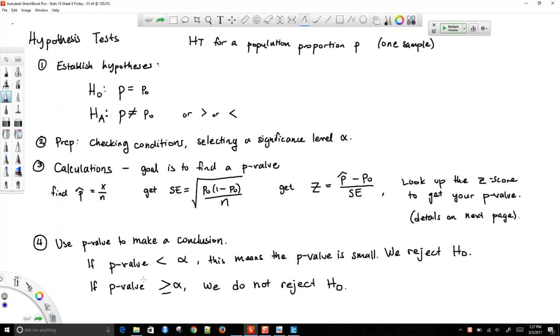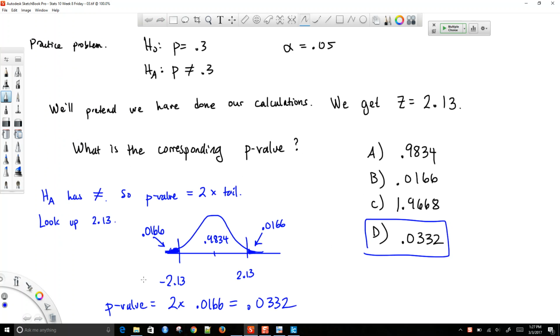In this case, if alpha is 5%, how does our p-value compare to alpha? Our p-value is smaller than alpha. So in our conclusion, our p-value is equal to 0.0332. This is smaller than alpha, and if it's smaller than alpha, then we reject the null hypothesis.